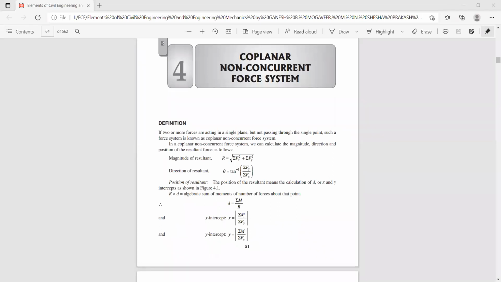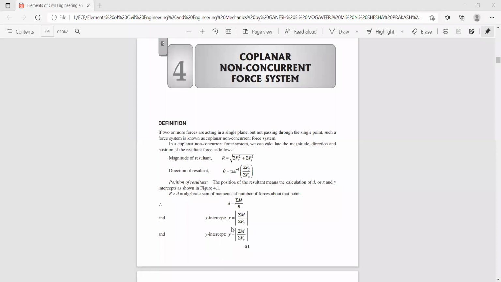If you want to find the x-intercept, it is the sum of moments divided by the sum of the vertical forces, sigma F of y. Similarly, if you want to find the y-intercept, it is sigma M by sigma F of x, the sum of the horizontal forces.